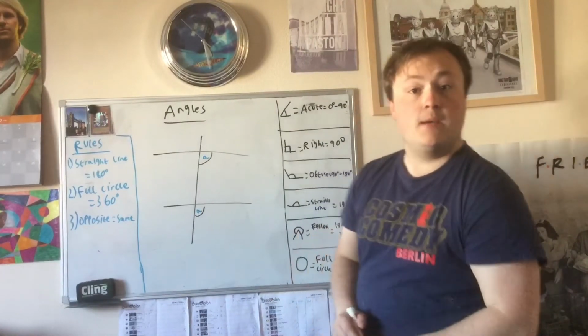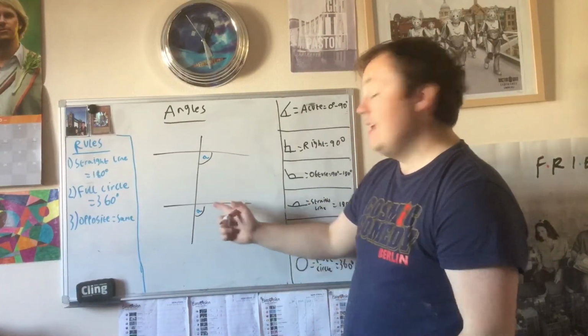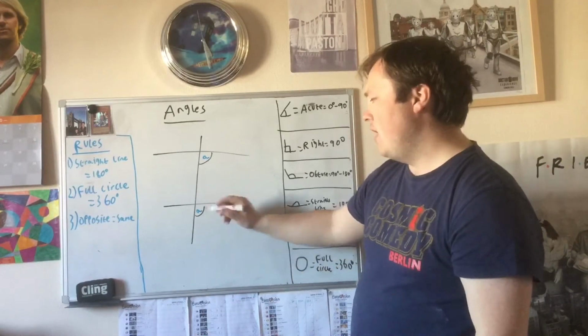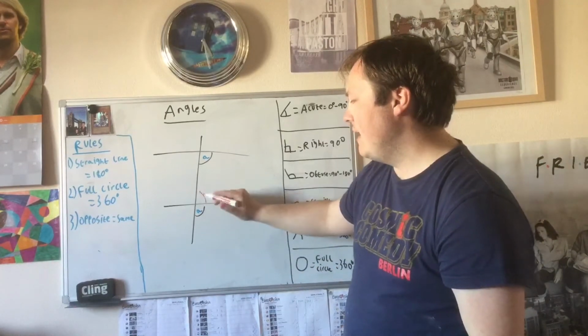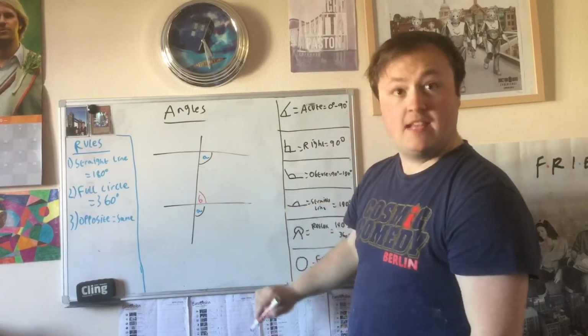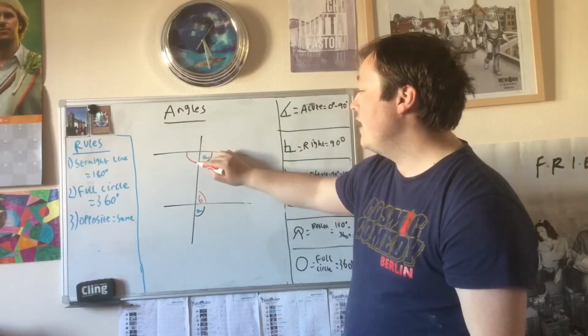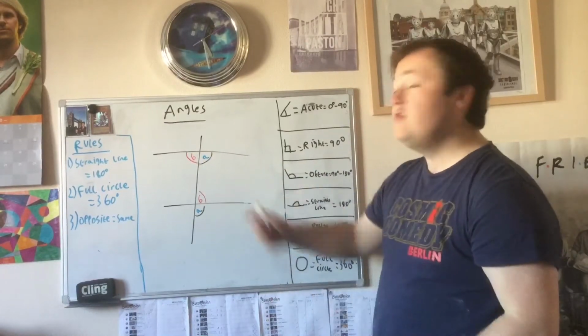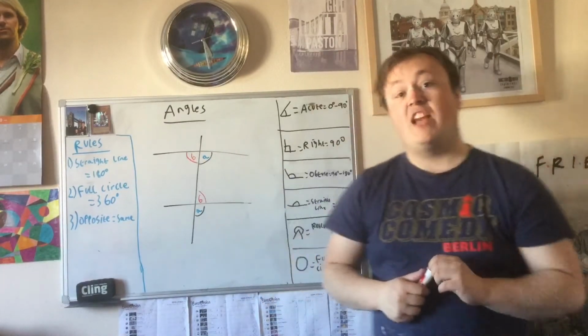But another rule we can pick up from this is that if this angle is here and we have an angle here, we're going to name this B. If this angle is B, this angle here will also be B. Those are known as alternate angles.